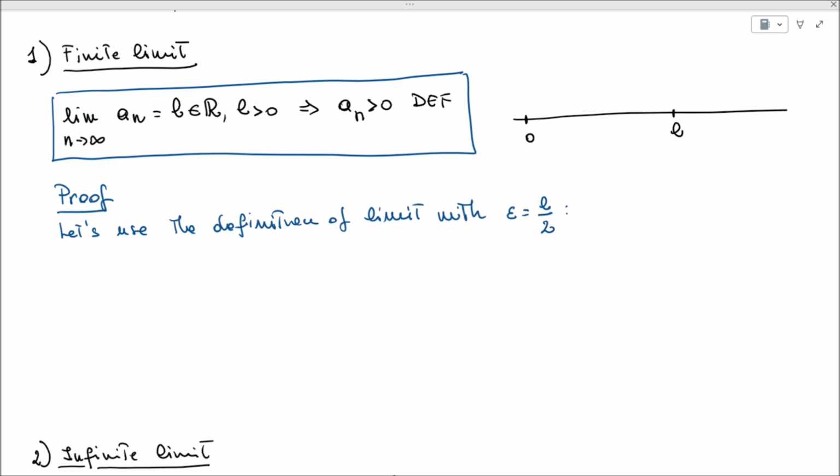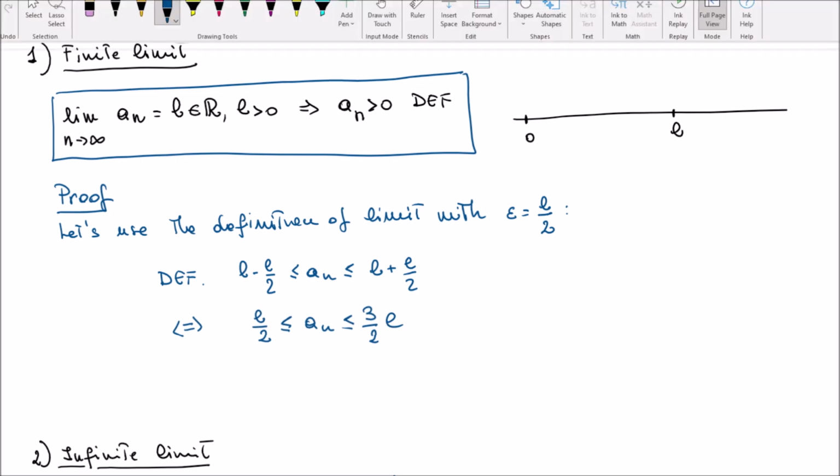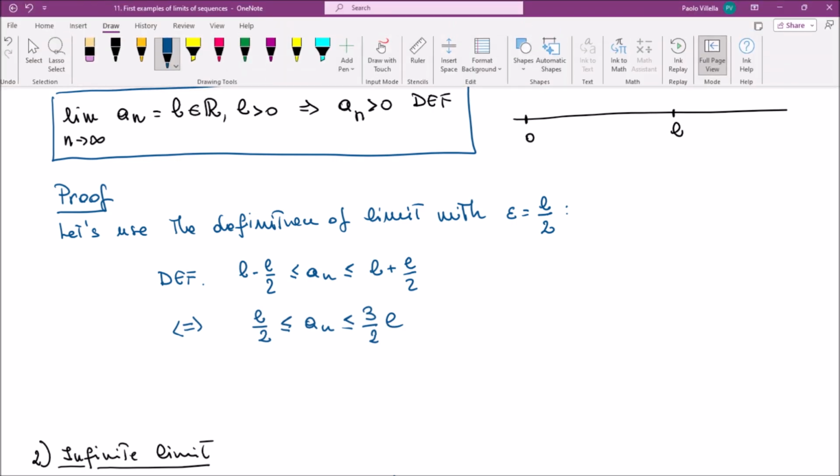So we know that it must be true that definitively an must be in this interval, L minus L divided by 2 and L plus L divided by 2, which is just like saying L divided by 2 and 3/2 of L.